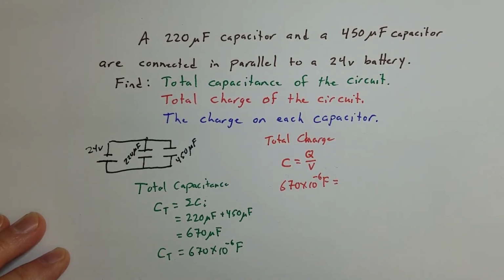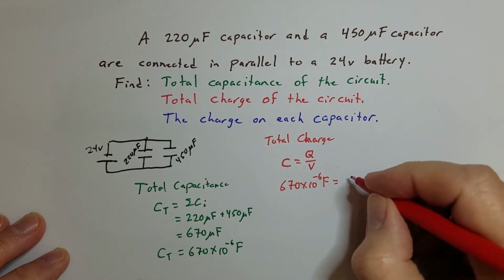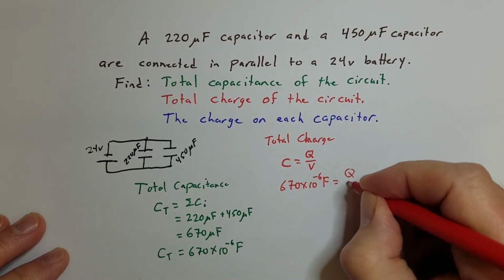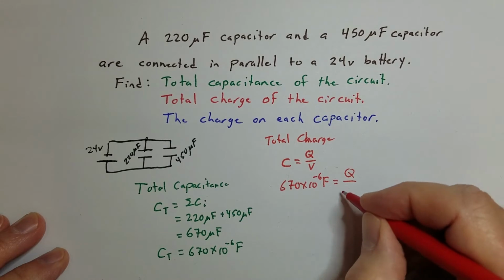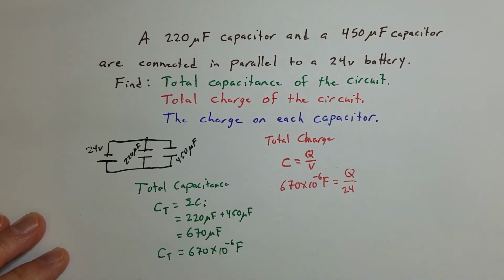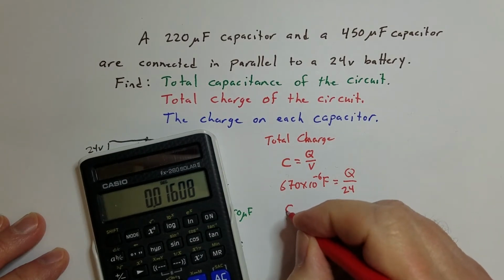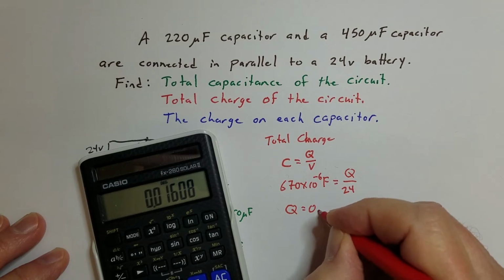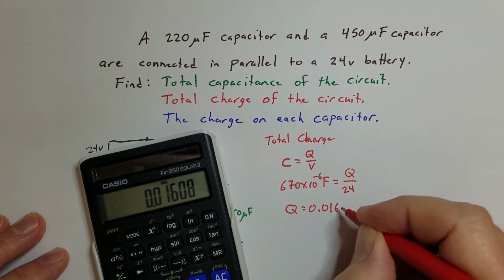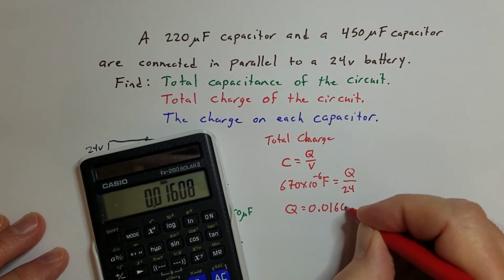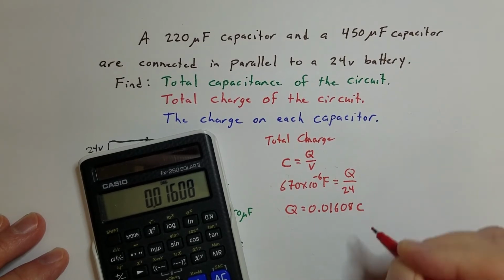You don't have to really simplify that. You just go ahead and leave it like this. It makes things easier. I'm going to figure out the charge, and my voltage is 24 volts. So 670 times 10 to the minus 6 times 24 gives me a charge of 0.016. Usually I stop and round it off there, but I'm going to go ahead and keep this just as a reference point.